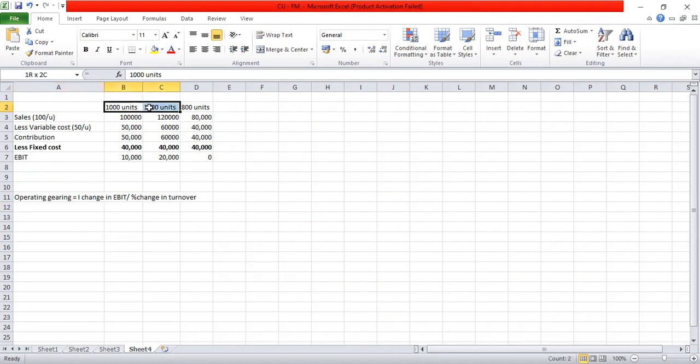What is the change in turnover? We see from 1000 units, it has increased to 1200.